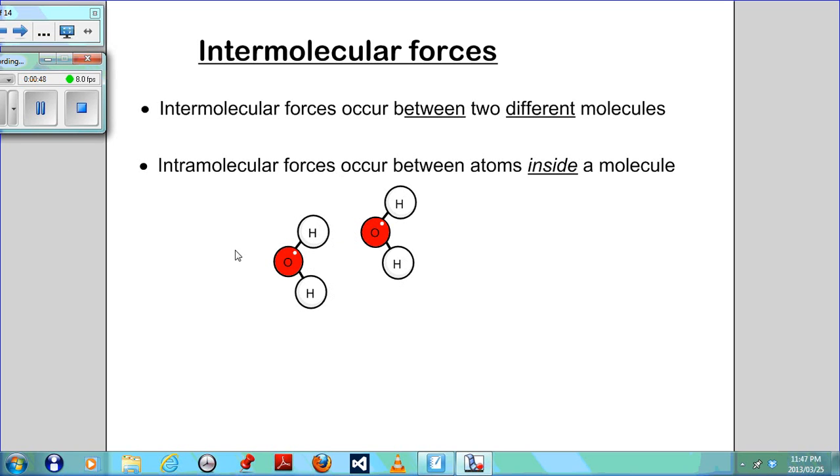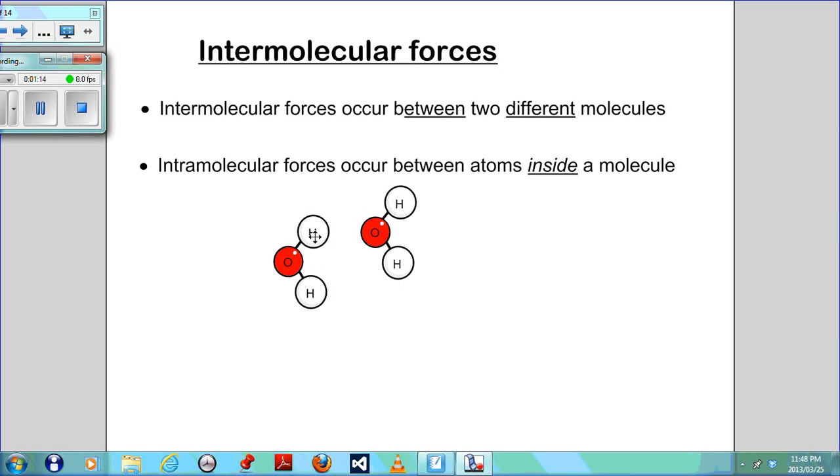But when we talk of intramolecular forces, they occur between atoms inside a molecule. So intramolecular forces will be the force between the hydrogen and oxygen within one single molecule. So the hydrogen and oxygen force here would be an intramolecular force, and the oxygen and hydrogen force here would be an intramolecular force.